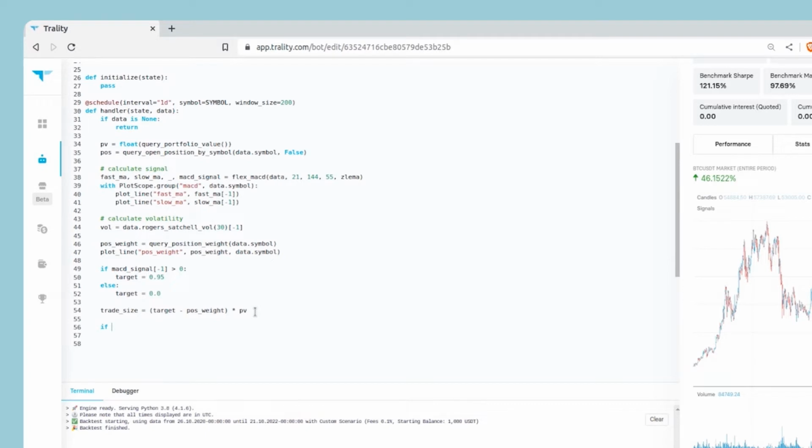Here we want to say if trade size is greater than some minimum trading amount, let's just call it $20, we can then do adjust position. This is quite convenient because this is the trading logic here.